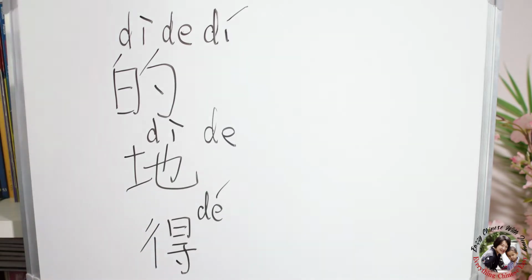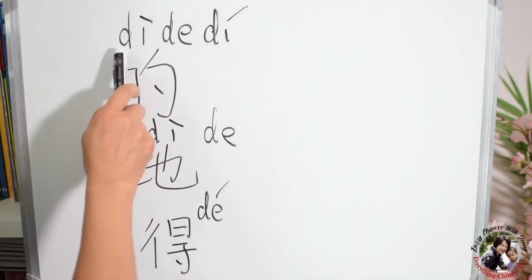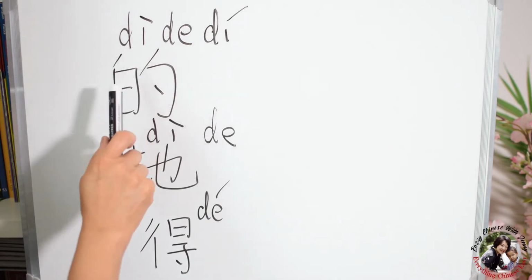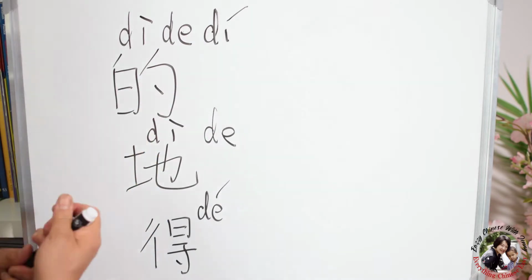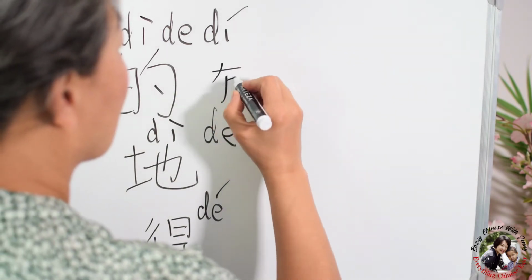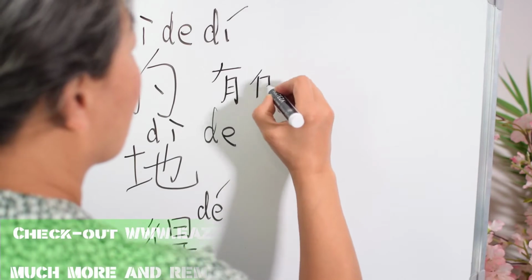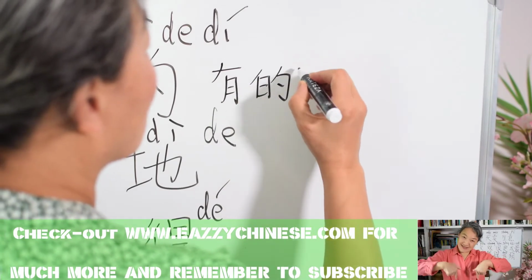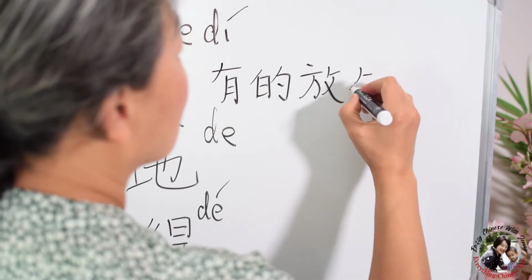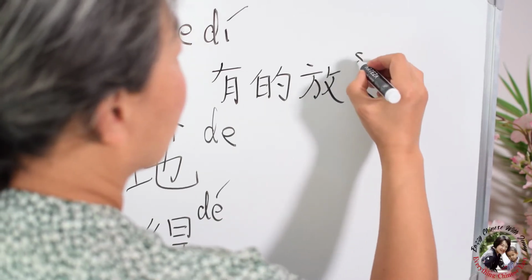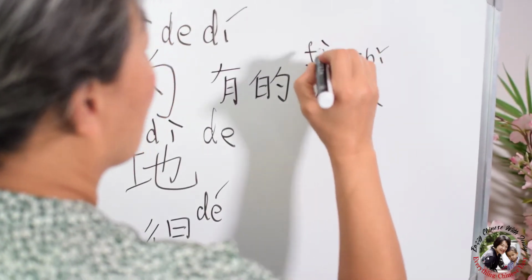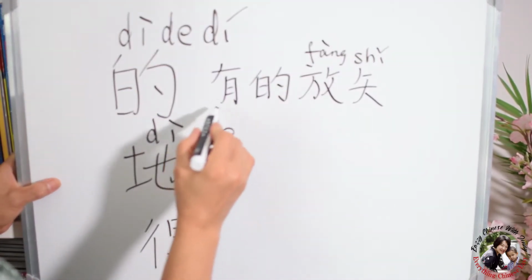For example, when it is pronounced as de, the fourth tone, it means target, and we have a phrase that says 有的放矢. 有 we have learned.